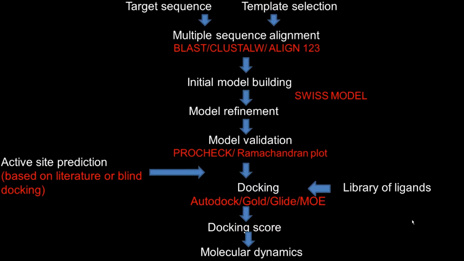So we have the target sequence and template sequence, then we do multiple sequence alignment, and then if the three-dimensional structure of that protein, say from a gorilla or some other animal, is available, then we prepare the three-dimensional structure of our protein of interest using that particular template. Then we see whether the protein which we have created is okay using various bioinformatics checks. This is called homology modeling.